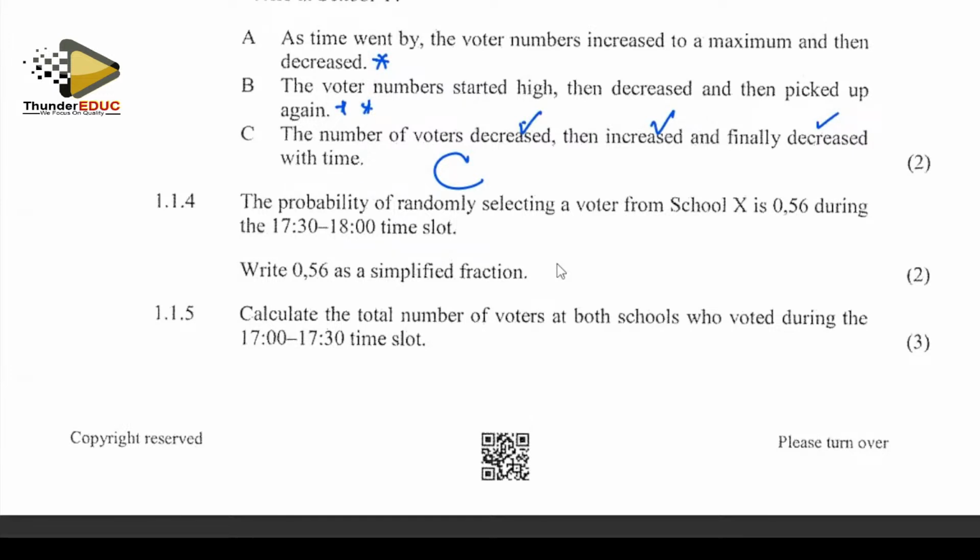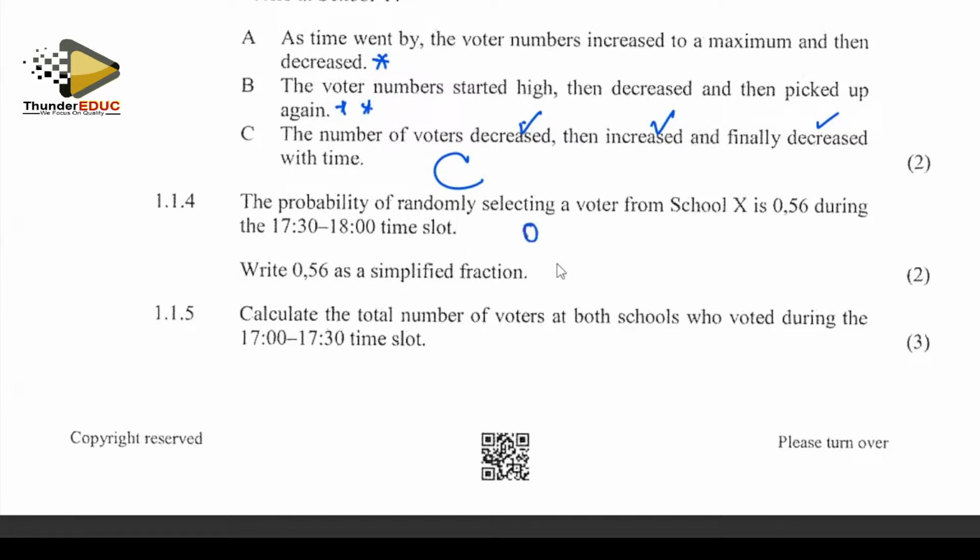The probability of randomly selecting a voter from the school is 0.56 during the 17 hours, 30 minutes to 18 hours time slot. Write 0.56 as a simplified fraction. So simple.